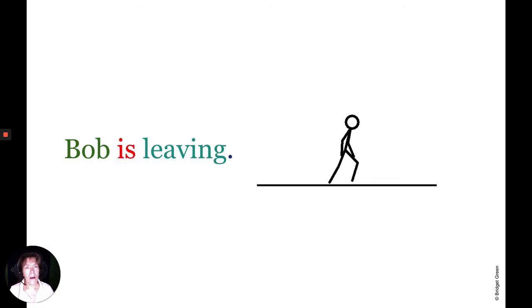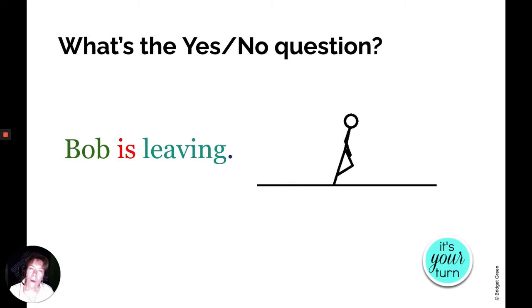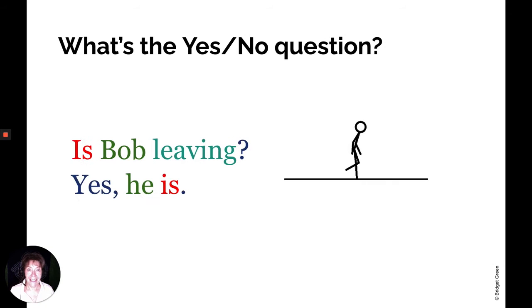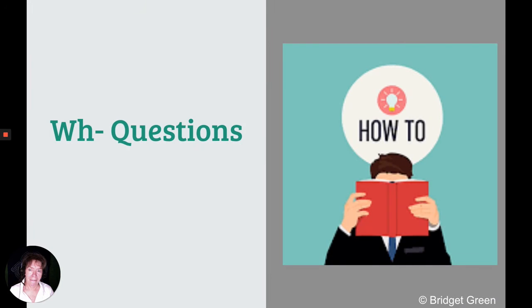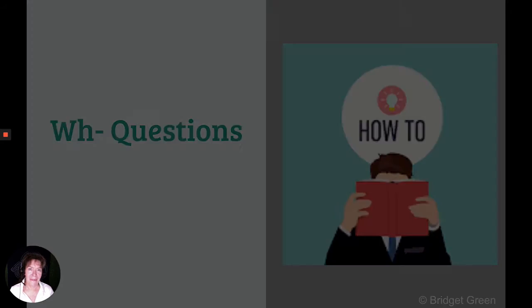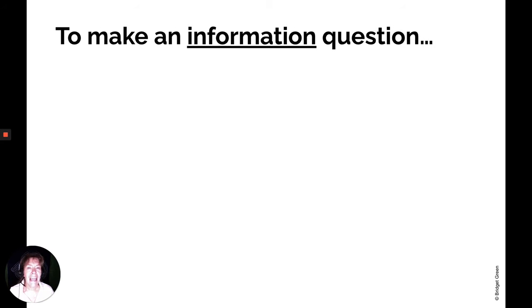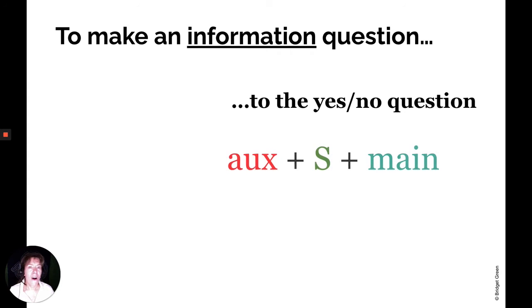Now, oh, Bob is leaving. What's the yes-no question and what is the short answer? Good. Is Bob leaving? Yes, he is. Oh, no. But where is he going? WH questions. To make an information question, all you do is you have the yes-no question.